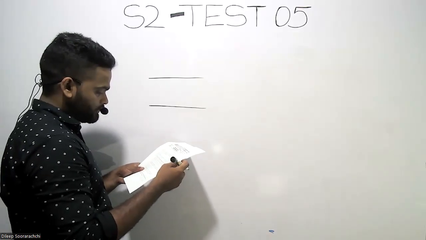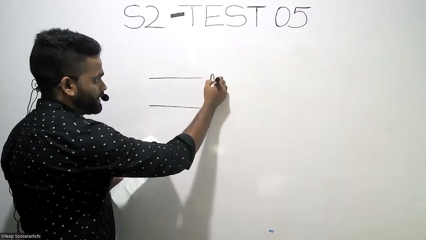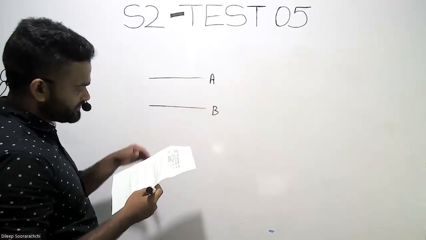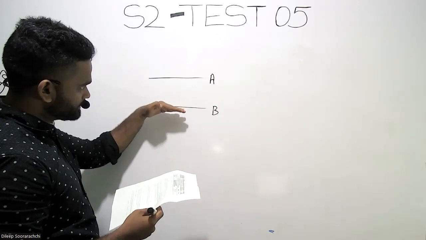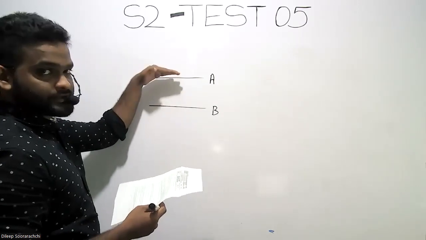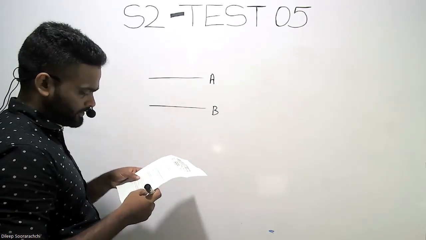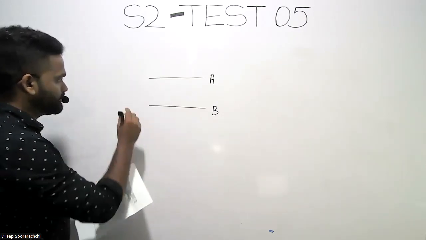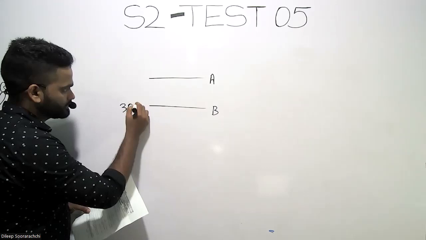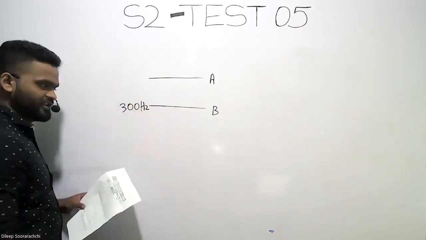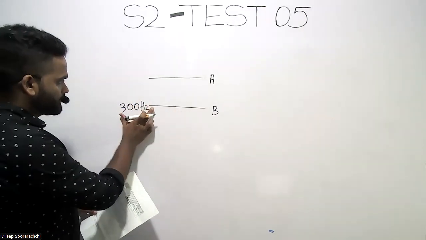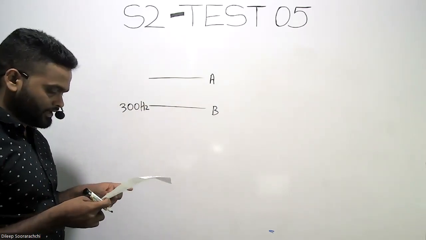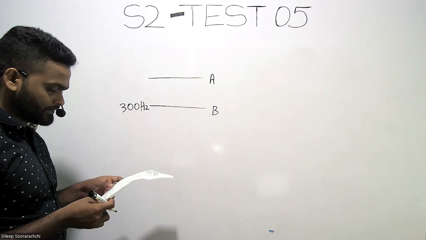Okay, so we have two musical forks. They are A and B. So I'm going to put frequency levels here. The frequency of B is given as 300 Hz. It is given. You cannot change that. Right.